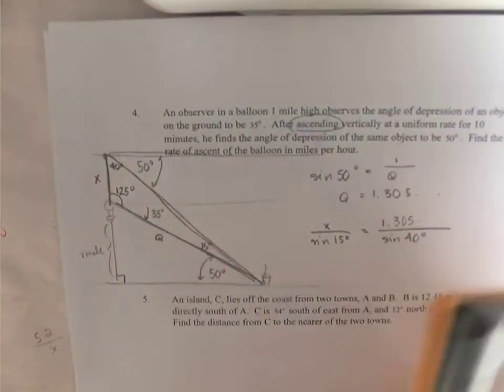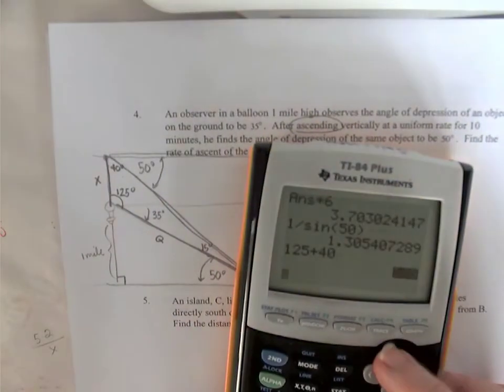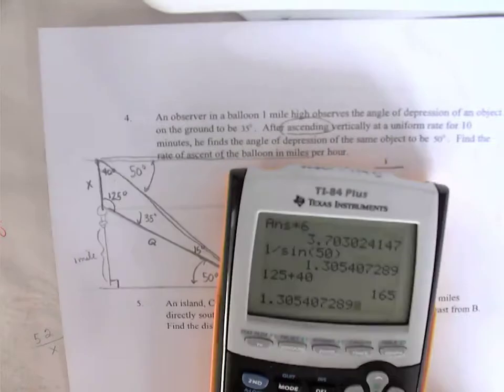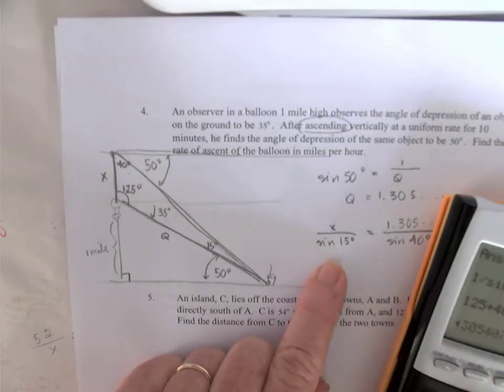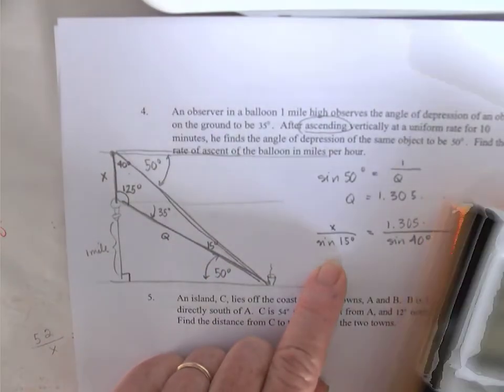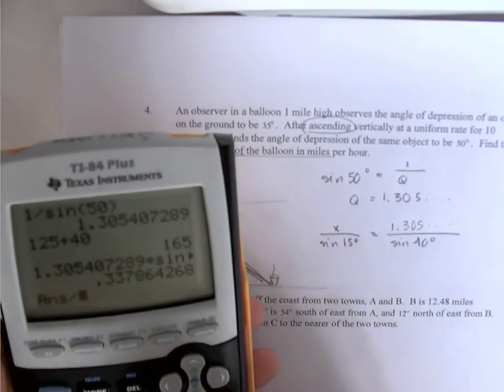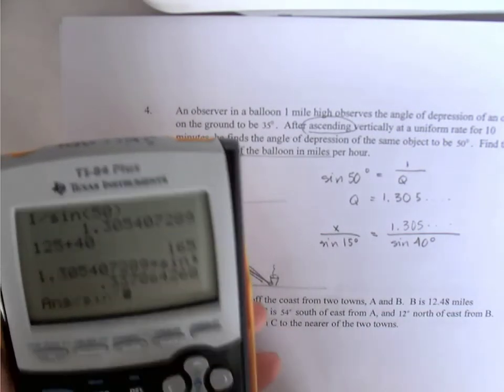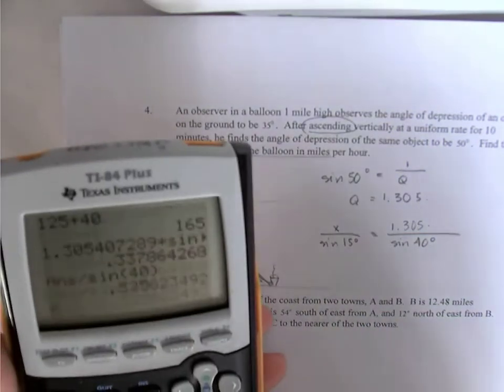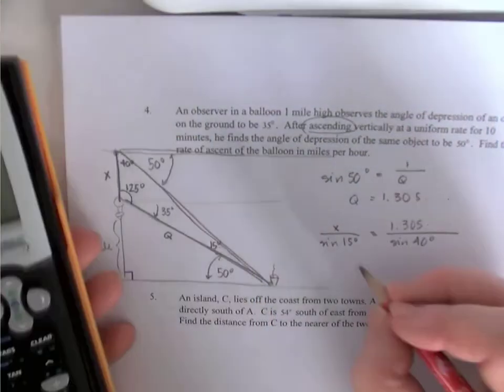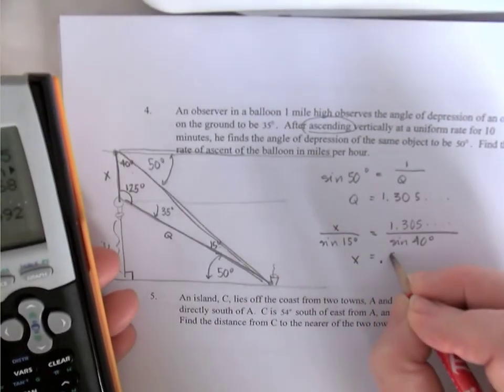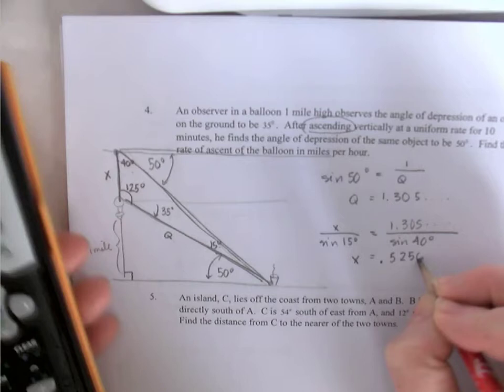So I am going to take this number, 1.305, multiply it by the sine of 15 degrees, and then divide that by the sine of 40 degrees. And that's going to give me X is 0.5256. Okay, so that is the distance.